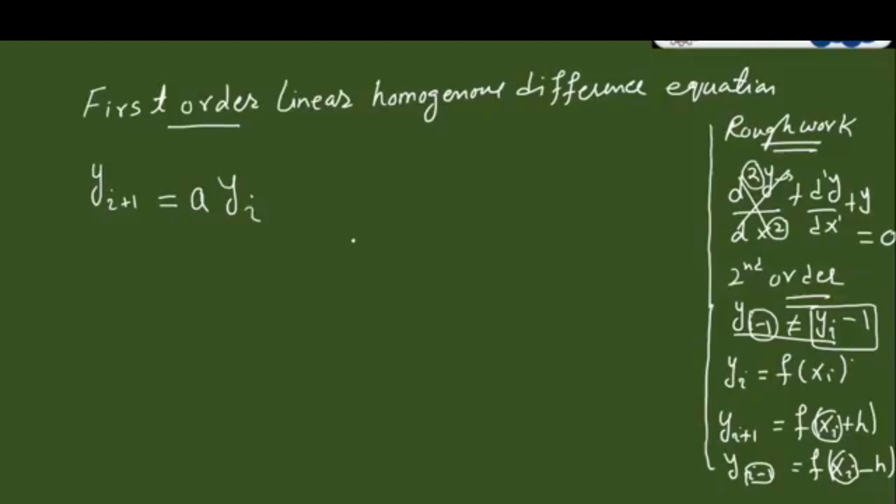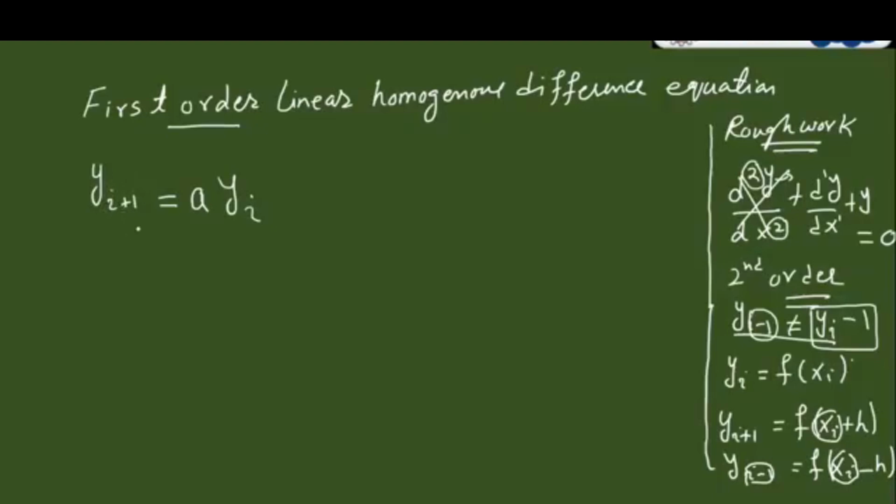We have data at y_i and then we have data at y_{i+1}. We have no information available in between, as in a differential equation. In a differential equation, we assume that there exists a continuous function so that we can find a solution throughout the domain, which is not like that here. So y_i is a point, and then we want to compute the solution at y_{i+1}.